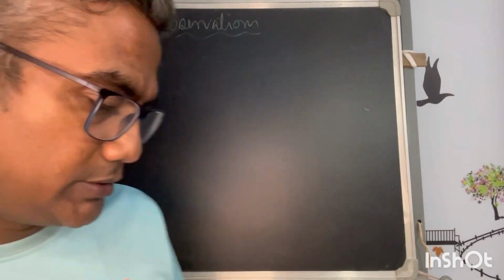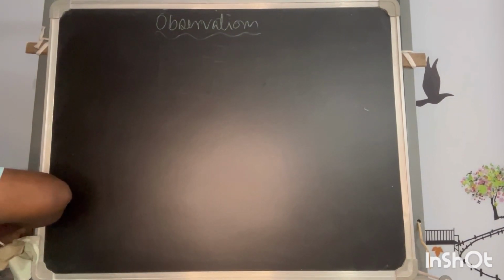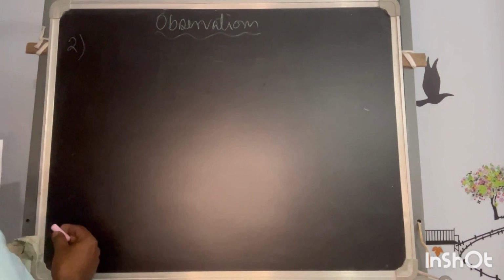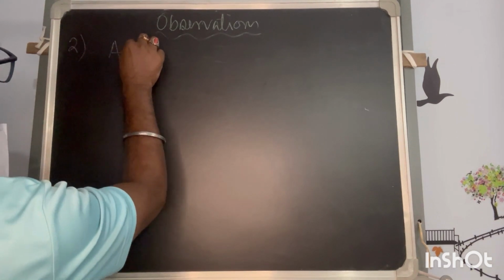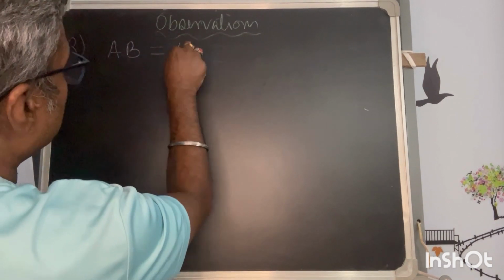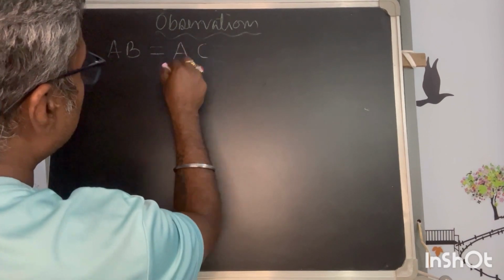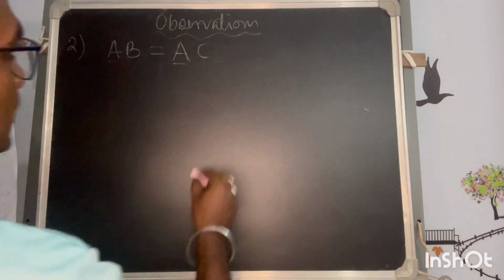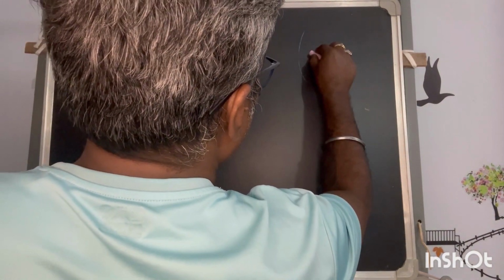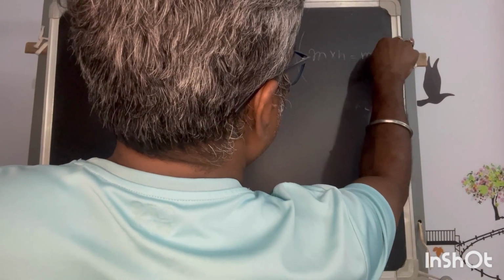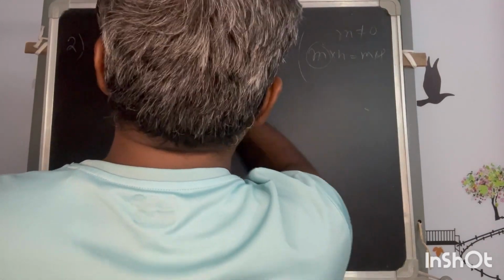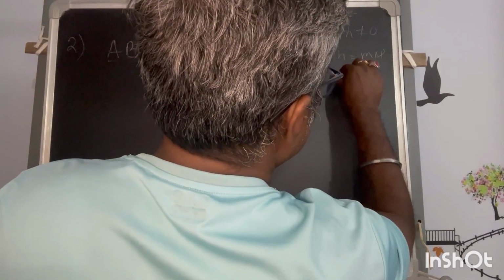Now we will move on to more observations regarding the matrix. The next observation, number 2, says that if two matrix products are equal, where one matrix is common, we cannot definitely say the other two are equal. In algebra, if m into n is equal to m into p, and m is non-zero, then we can say n is equal to p.